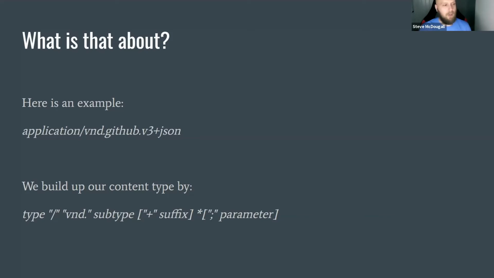I typically don't tend to do that because it can get very messy when you're trying to figure out where to route these things. But to build this up, we go, okay, so what type is it? It's an application. So VND, which stands for vendor. Then we've got the subtype, which would be GitHub, and any suffixes you might need to do with it. And then JSON. So that's how that is built up.